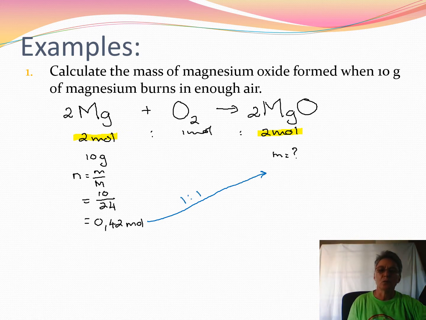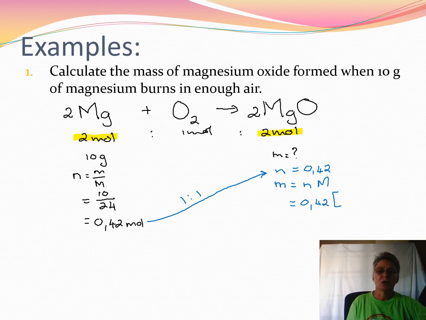Now the mole ratio is 1 to 1, or you could say 2 to 2, which is the same as 1 to 1. So the moles of magnesium oxide that will be formed is 0.42. To change that into mass, it's moles times molar mass, so it's 0.42, and the molar mass of magnesium oxide you find by adding 24 to 16, and that gives you 40 times.